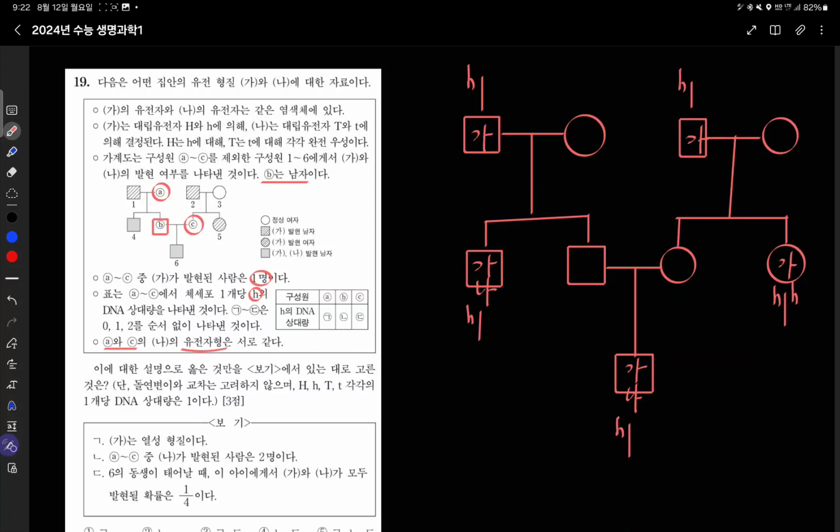And because number 6 has one lowercase h allele, his mother must have at least one lowercase h allele. And then individual number 3, because she does not have the first trait, has at least one capital H allele.